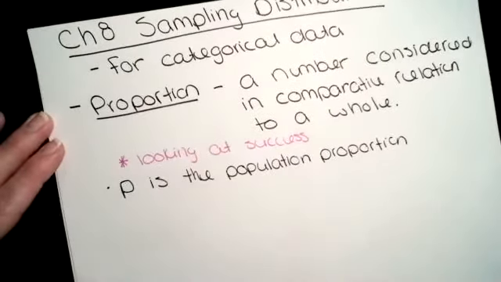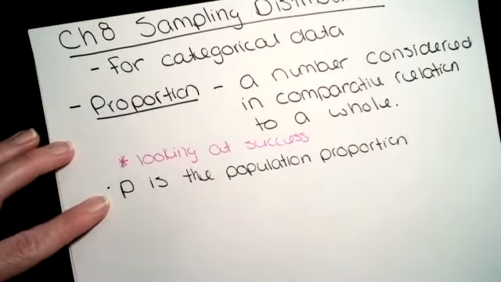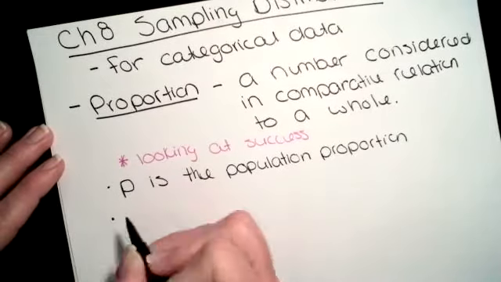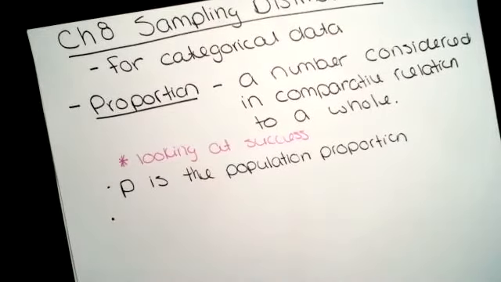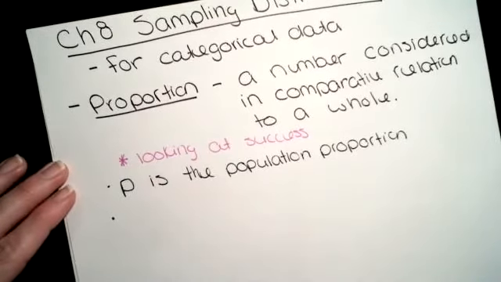So this is similar to mu, where mu is the average for the population. p is our population value, and it's for the proportion. And we're going to get into a little bit more of what these are, and hopefully we'll get a good understanding as we move forward.